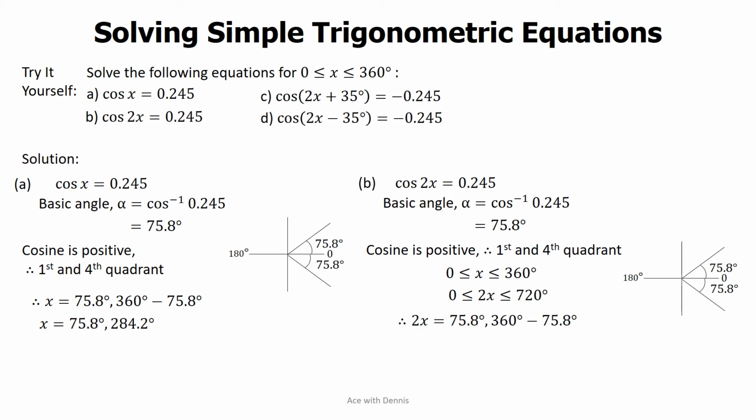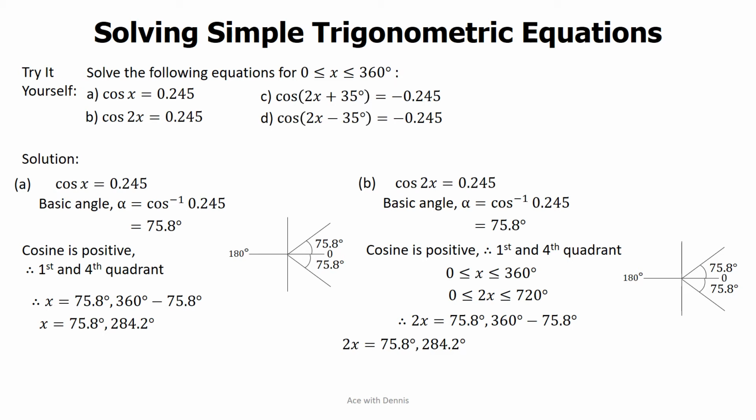Okay, so therefore we can get the answer for 2x equals 75.8 degrees, 360 degrees minus 75.8 degrees, which will be 75.8 degrees and 284.2 degrees. But we can see the range, right?